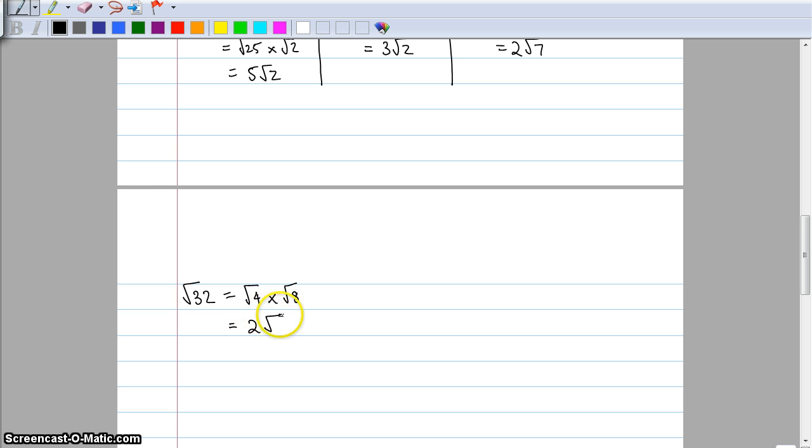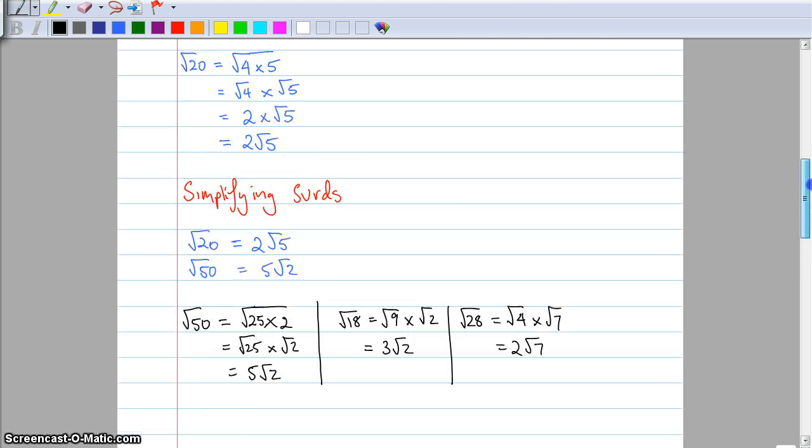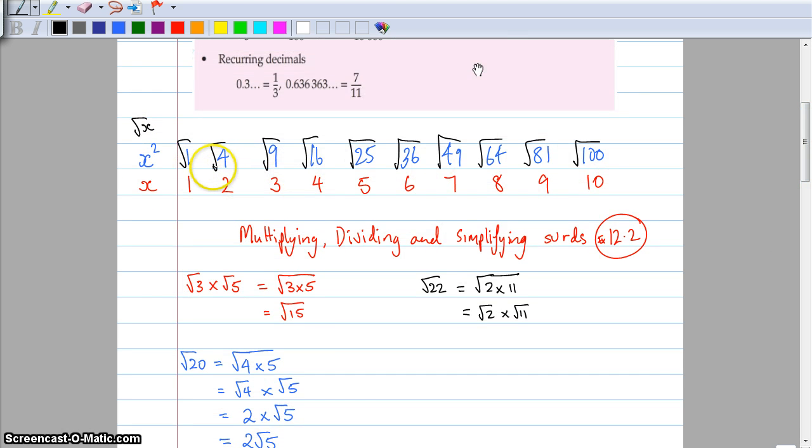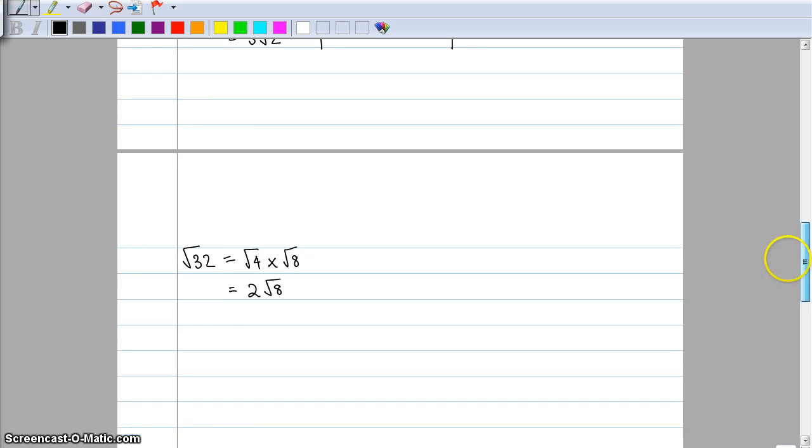That's 2 root 8. But if I look at root 8, I can actually simplify that again. A number that goes into 8 is in fact 4 again. So this becomes 2 multiplied by the square root of 4 times the square root of 2, which is in fact 2 multiplied by 2 multiplied by root 2, which is 4 root 2.